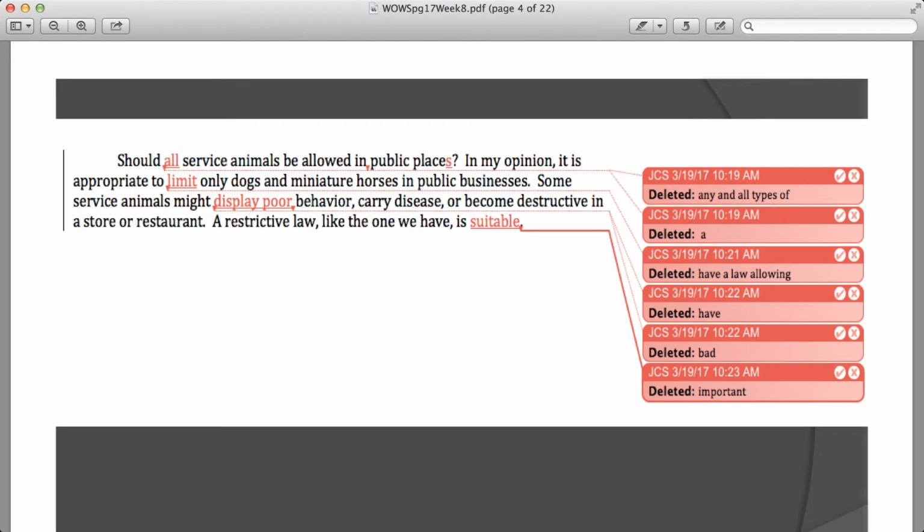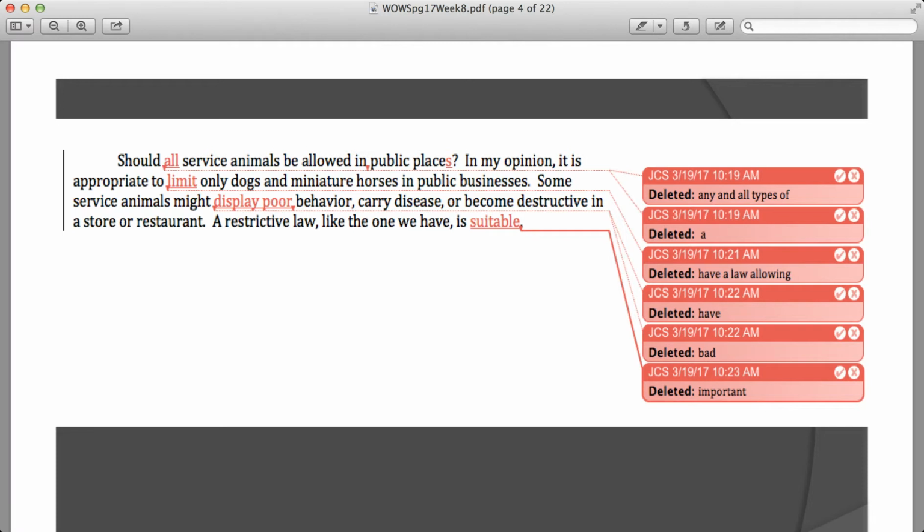I still kept everything in the same order. I've not done any rearranging because this is the order that I'm going to have my body paragraphs follow. First, I'll be talking about the poor behavior issues. Secondly, I'll be talking about the disease issue. Thirdly, I'll talk about the destructiveness issue. So that's all going to stay in that order because that's the order that my next paragraphs are going to be in.